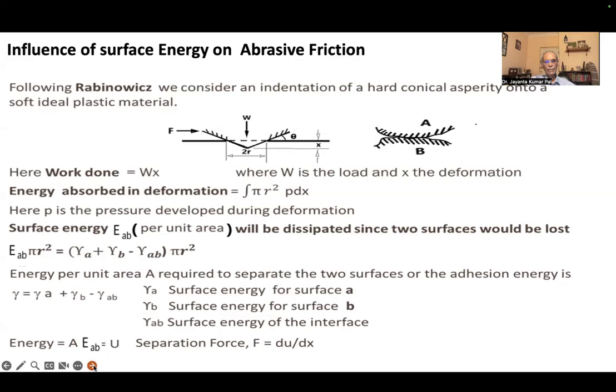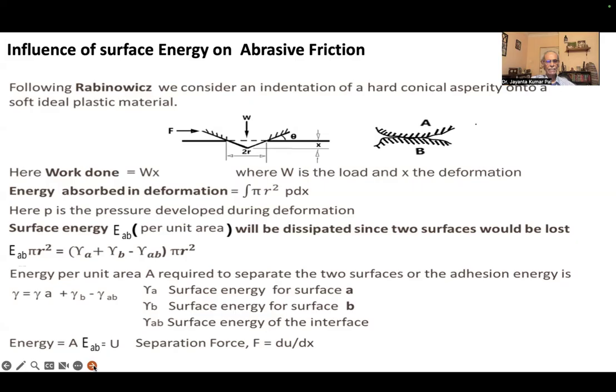So pi r squared P is the force. And we are integrating this up to whatever limit or whatever distance we have indented to. So it will be the integral of pi r squared P dx from 0 to x1, whatever distance we have indented to.